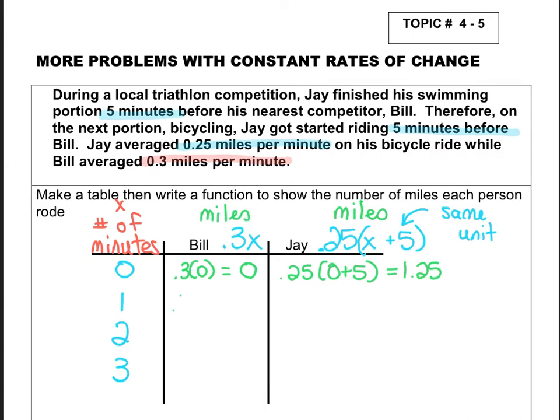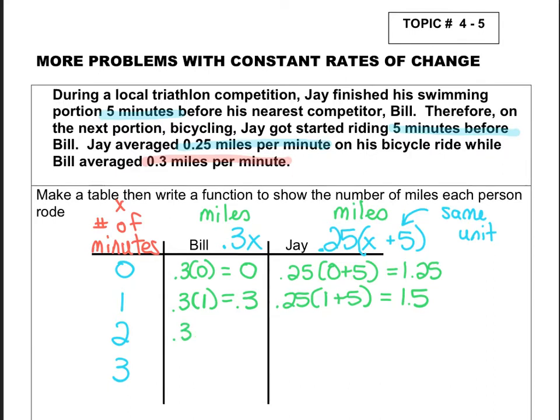So for minute 1, Bill has gone 0.3 miles. Jay still has that head start of that additional 5 minutes, but notice that Jay is not going as fast. So at some point we would expect that, depending on how long the race is, Bill could catch up with him.